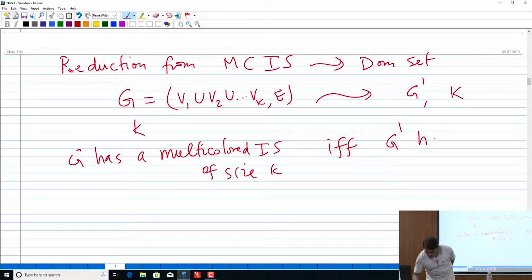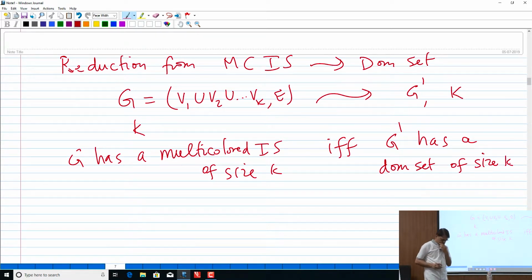That is my goal. Okay, so now I have to construct G prime, somehow encoding independent set into a dominating set.